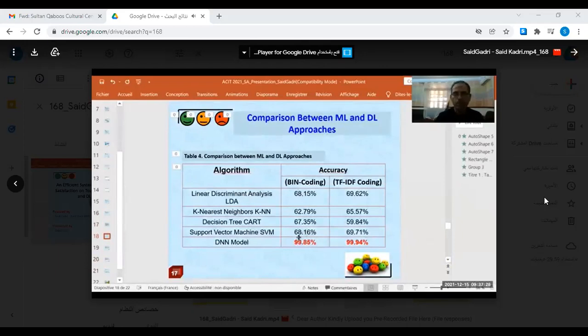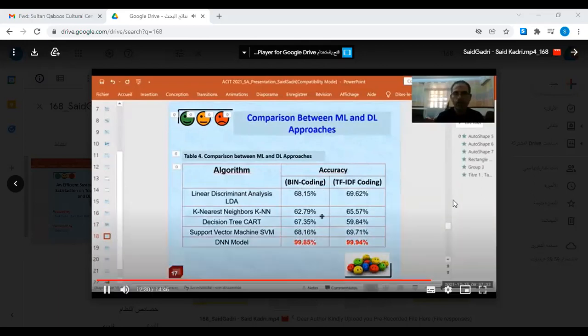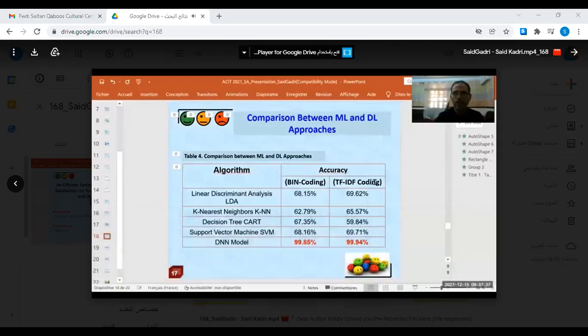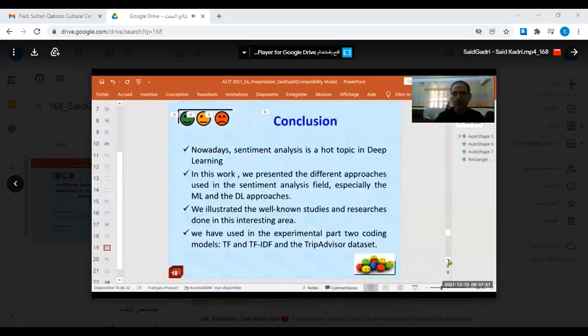For example, here we have obtained 99.85 for the binary coding and 99.90 for the TF-IDF coding, but the accuracy obtained when applying machine learning algorithms is relatively low. The maximum value was 69.71.